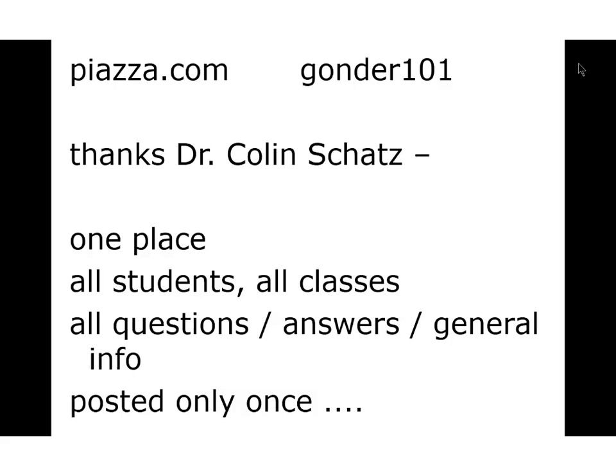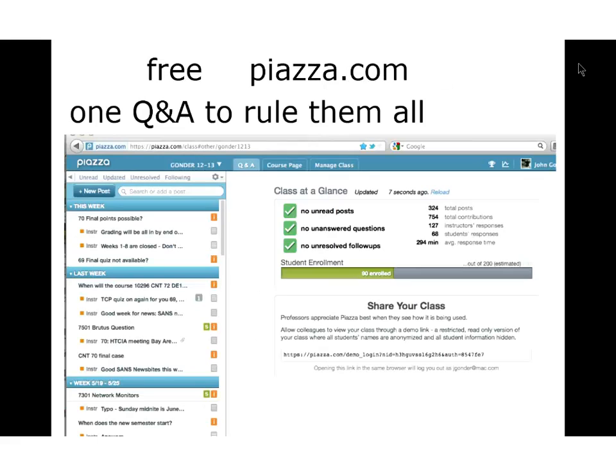I can post a piece of information, and it instantly is sent up to every student in every class. If I want, I can click email them all right now and override their preferences of getting a daily digest if it's something really important. So with a single click, all 120 to 150 students can get it. One question and answer to rule them all, piazza.com. It's very, very cool.